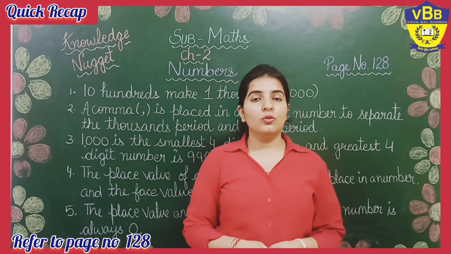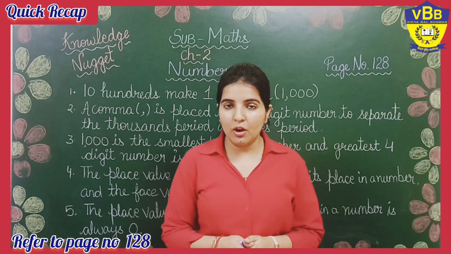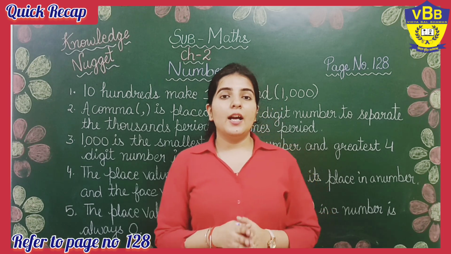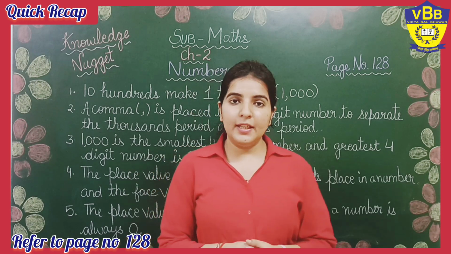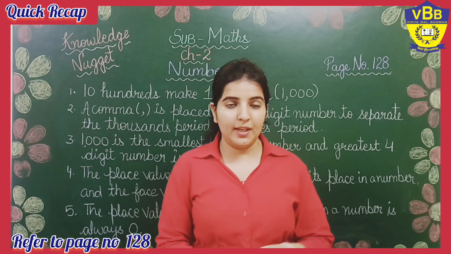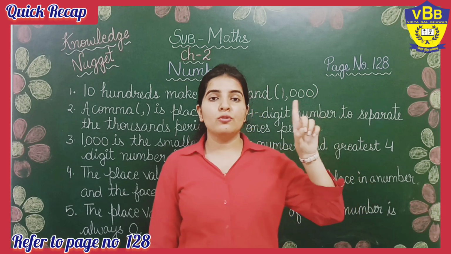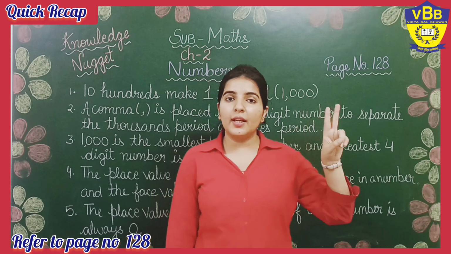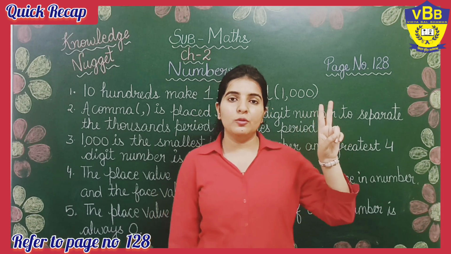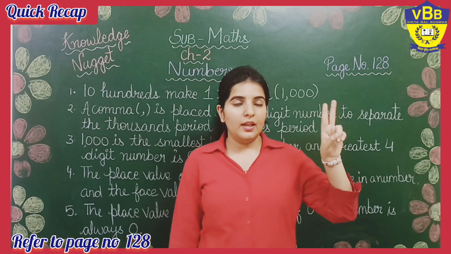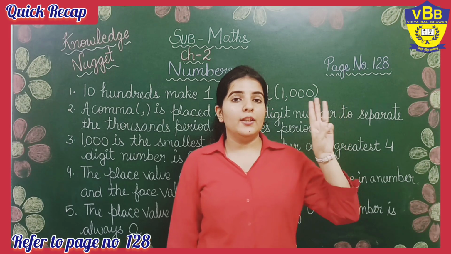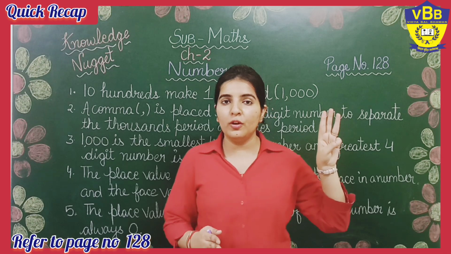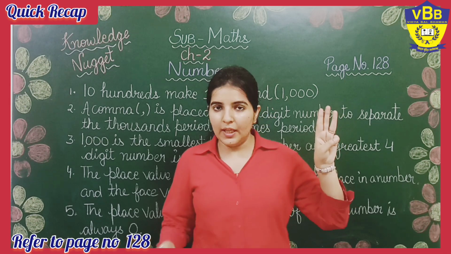And the last rule is related to your rounding off, which we have covered right now. When we are going to round off any number to the nearest tens place, the first step is to find out the number. The second step is to look at the very next number to the given digit. The third step is to check whether the number lies from 0 to 4 or 5 to 9.